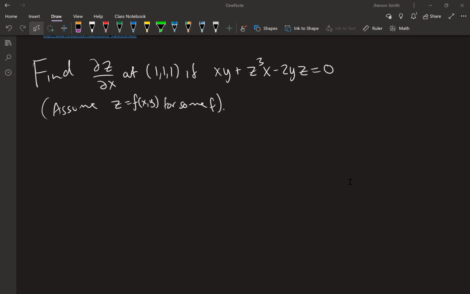Are you guys working on it? What is the partial with respect to x? What did you get for the answer?